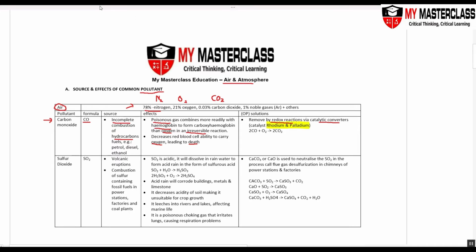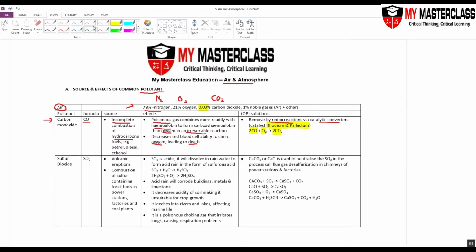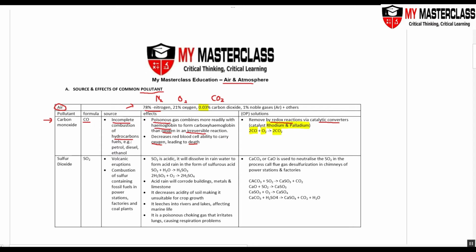They promote the oxidation of carbon monoxide with the oxygen that's in the air naturally to give you carbon dioxide gas. So CO plus O2 gives you CO2, and then balance out your equation. And CO2 is naturally occurring at 0.03%. It's a non-pollutant.